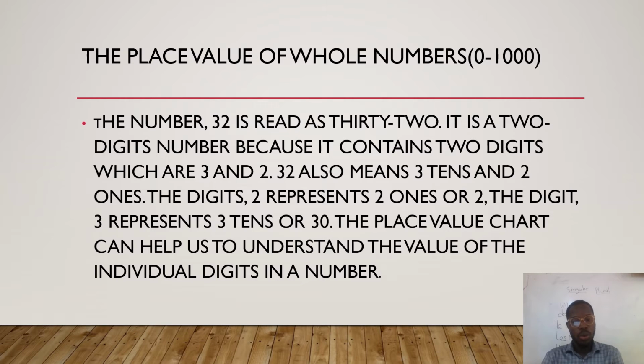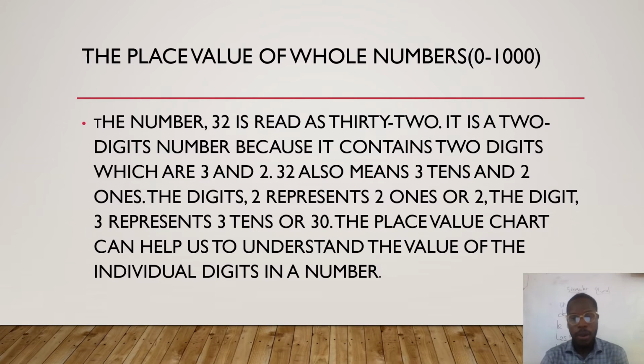So 32 also means 3 tens and 2 ones. The digit 2 represents ones, or 2. That's the value. The digit 3 represents tens, or 30. That's the value.